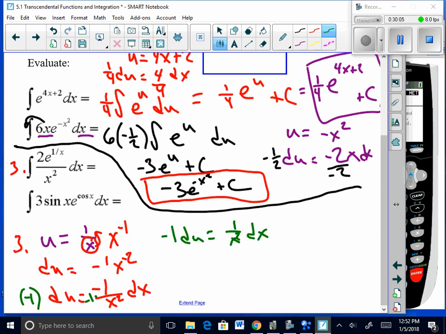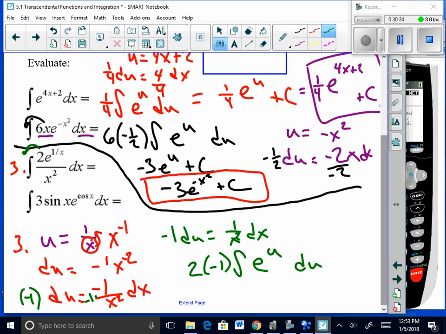So now doing my, and that's this 2 that's right here, that 2 is just a constant, so I can just pull that 2 in front. So I'm going to have the constant of the 2, and then I'm going to replace the 1 over x squared dx with a -1 du. So there's my -1, the integral, there's my du. And then the e will be there, and then the 1 over x became the u, and then that x squared's gone because that became part of the -1 du.